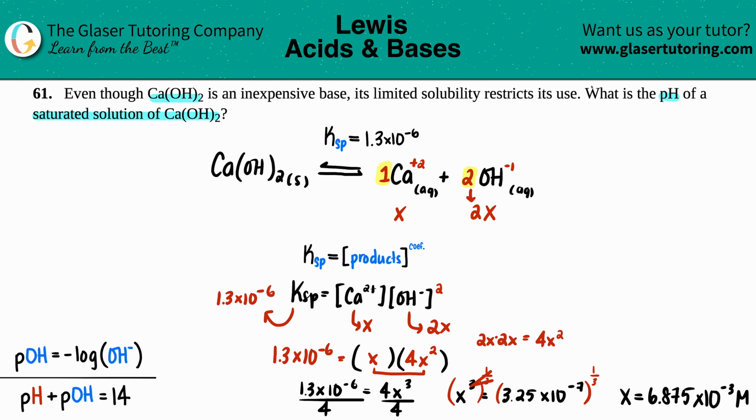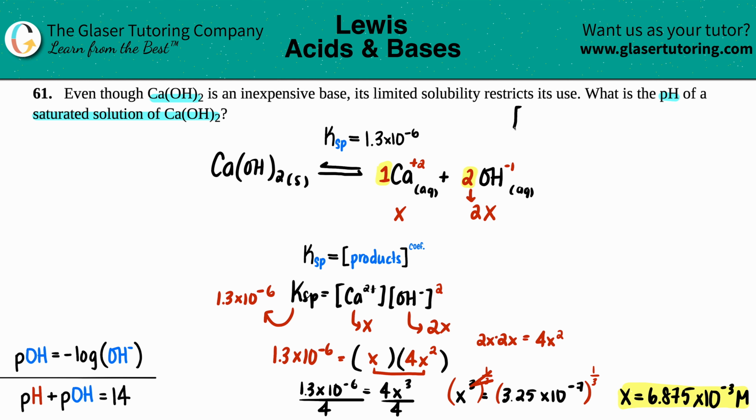Now, keep in mind, we want to find out the pH. So we say to ourselves, okay, from this x value, this belongs to the two ions, calcium or hydroxide. Which one of these will lead me to a pH? This is last chapter. This is the OH minus concentration.